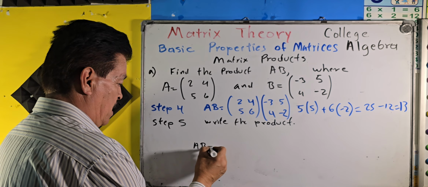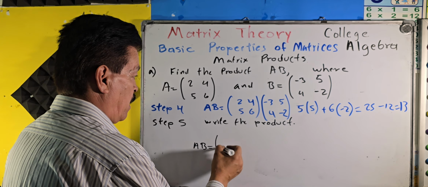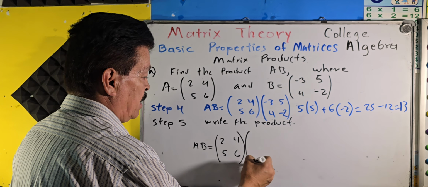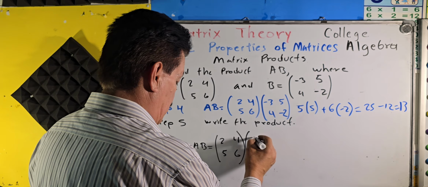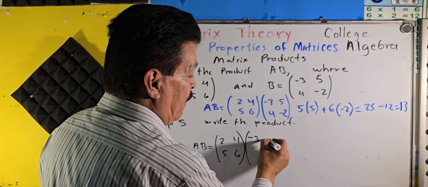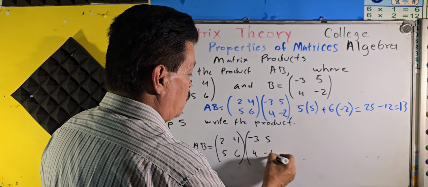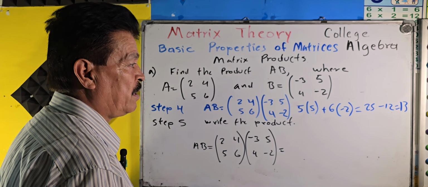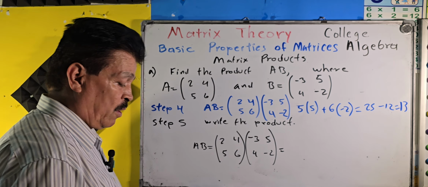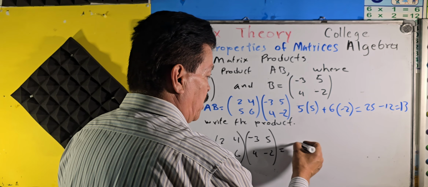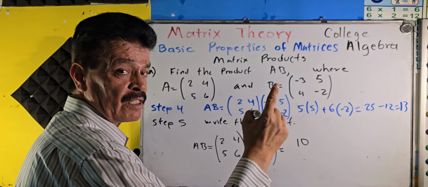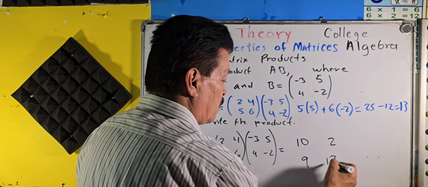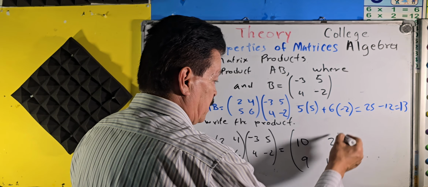A B equals 2, 4, 5, 6 times negative 3, 5, 4, negative 2. This equals, remember the numbers we got: the first one was 10, the second one was 2, and then 9, and this one is 13. So this is our answer.